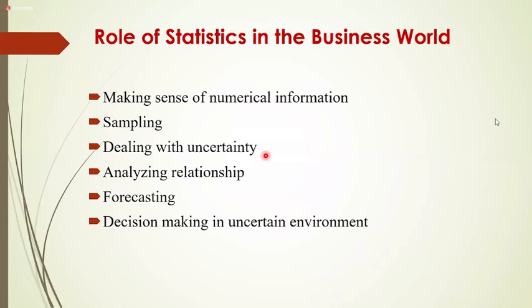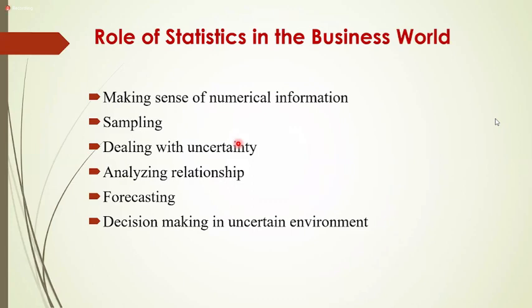But statistics provides methods to deal with uncertainty. By looking at the likelihood of the activity in numbers, we can say to what percentage we can be sure of our decision in the future. So what will be the profit in future? Everything, by using statistics, we can deal with the uncertainty.